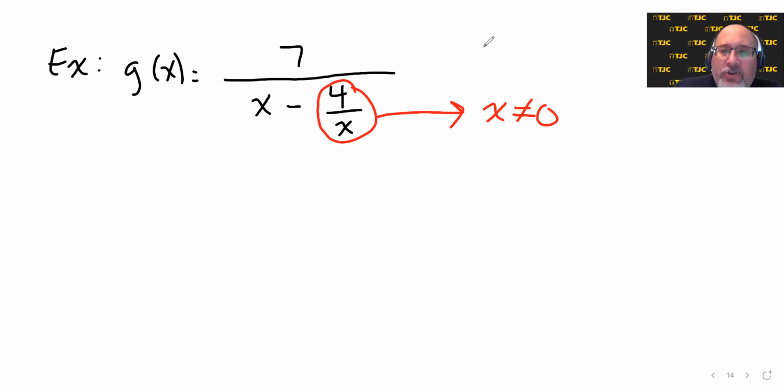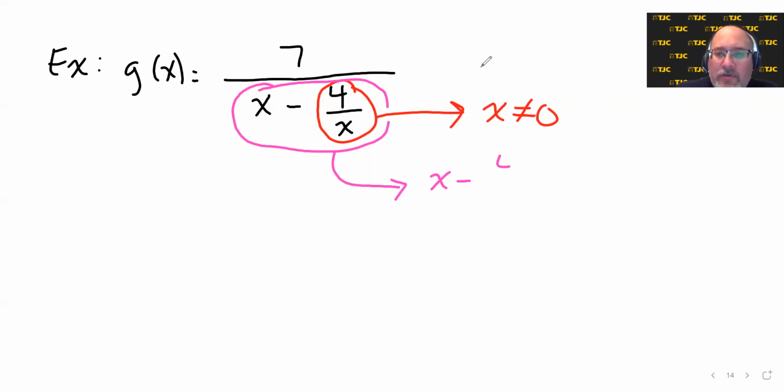But there was also this larger fraction with a larger denominator. The denominator of the large fraction is x minus 4 over x, and we need that to not equal 0. So how are we going to solve that? Well, we've solved rational equations before, and the strategy was to multiply to knock out the denominators.